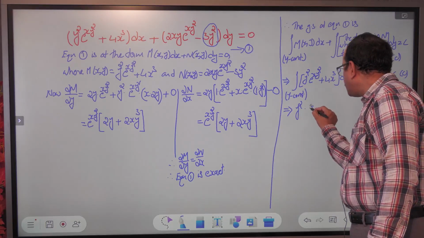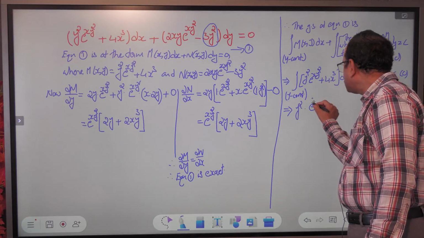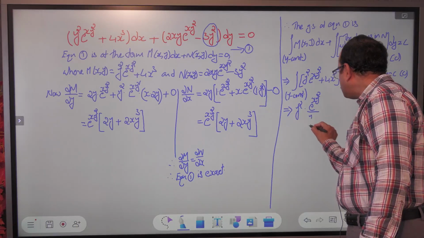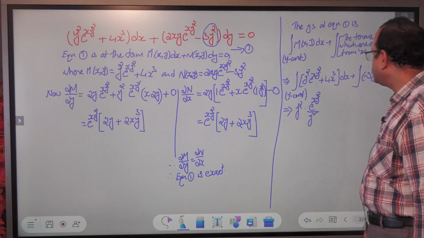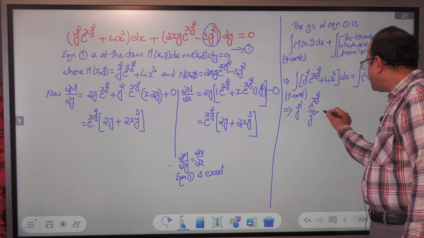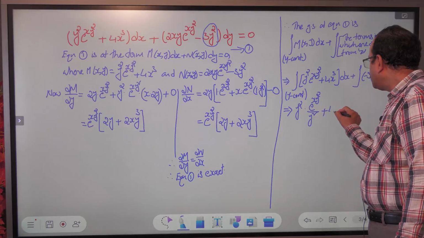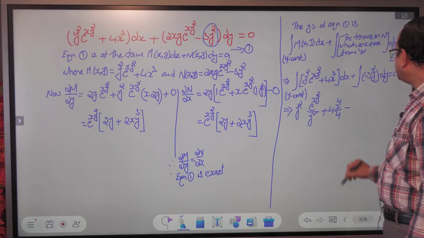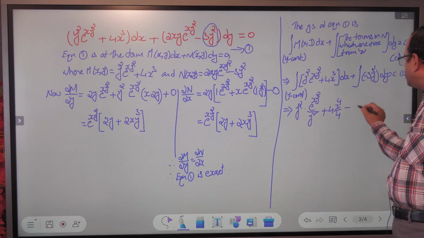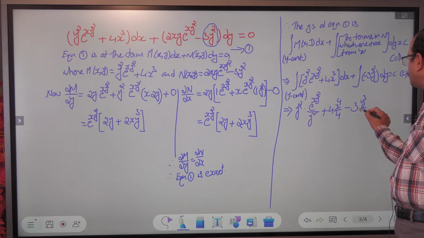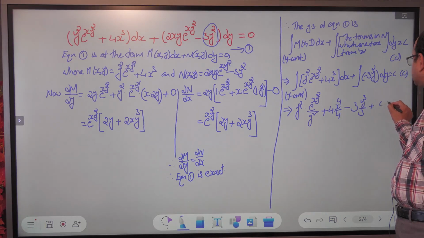The integral of e^(kx) is e^(kx) by k, and here k is y². So it is e^(xy²) by y², plus 4 into the integral of x³, which is x⁴ by 4, minus the integral of 3y², where 3 is a constant and the integral of y² is y³ by 3, is equal to c.